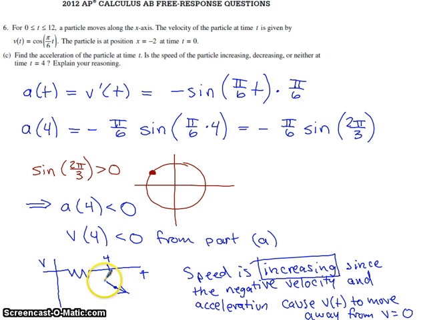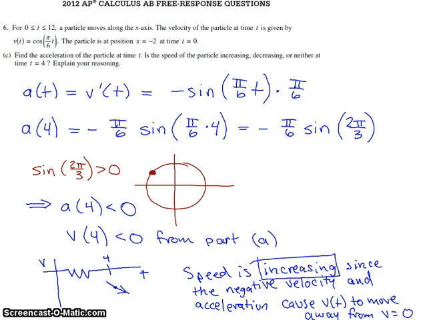If you look at what's happening with velocity on this little interval, velocity is moving away from 0. And since velocity is moving away from 0, and speed is the absolute value of velocity, speed would actually be increasing. We have a more and more negative velocity as we go through this little stretch of the velocity graph, and because of that, speed is increasing.